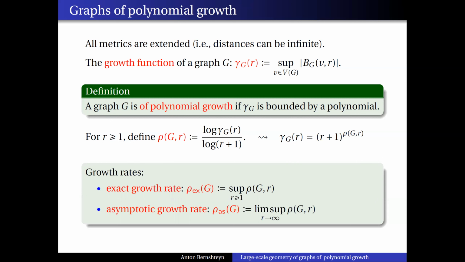From this perspective, the right quantity to look at is the asymptotic growth rate of the graph, which is not the supremum, but the limit superior of these quantities. So eventually, you're bounded by a polynomial of this degree for large enough values of r. Okay, so these are the definitions.